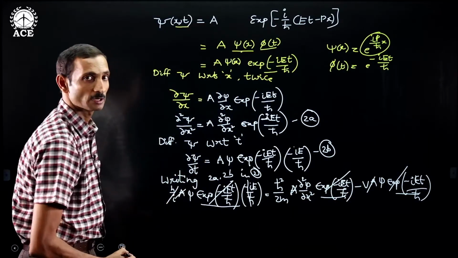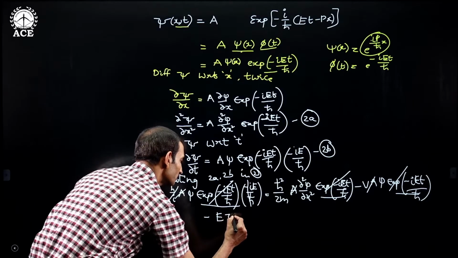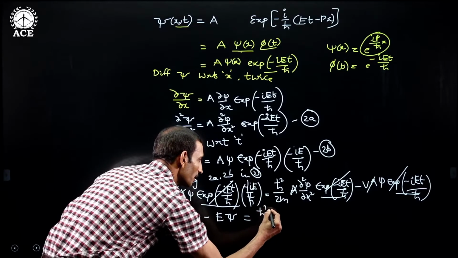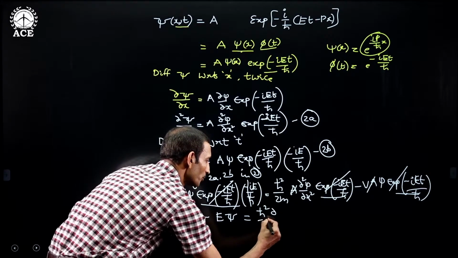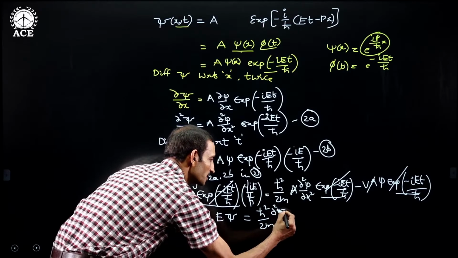What we are left with on the left hand side: minus E psi. What we are left with on the right hand side: h cross square by 2m into dou square psi by dou x square, minus V into psi. Sorry, this is not this psi, this is this psi.